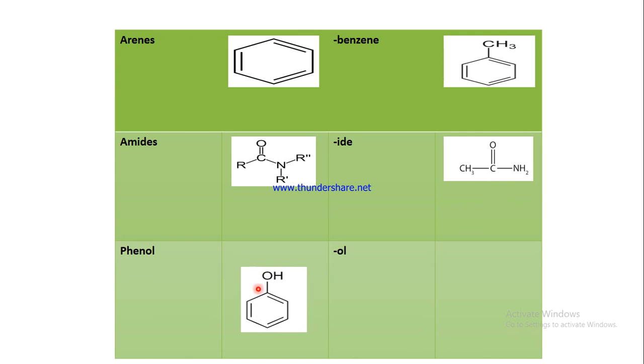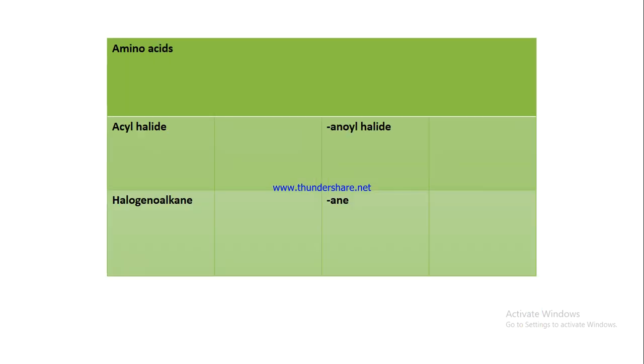So whenever you see an OH, this alcohol functional group bonded to a benzene ring, you know it automatically becomes a phenol. And as with alcohols, the prefix there automatically becomes our OL. And then there we have got phenol.